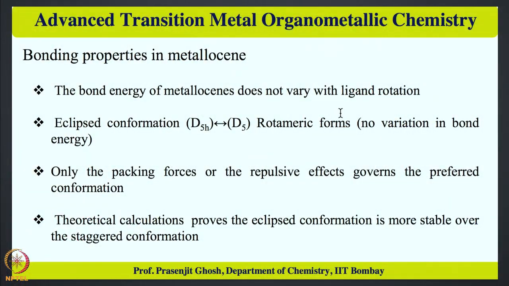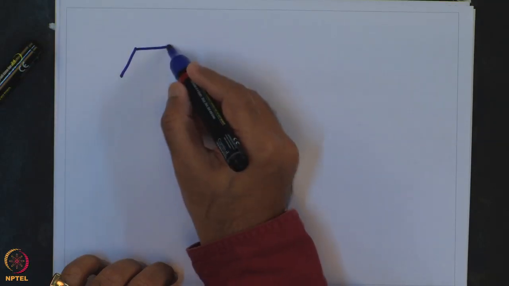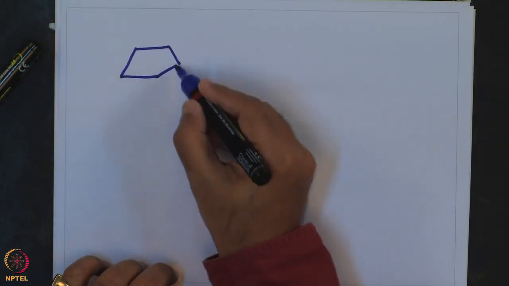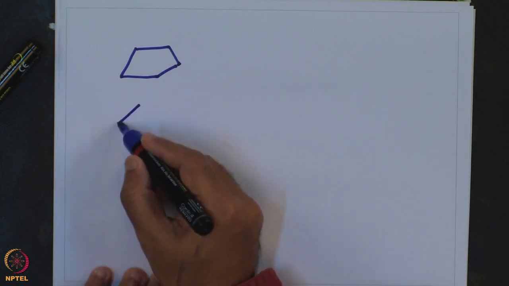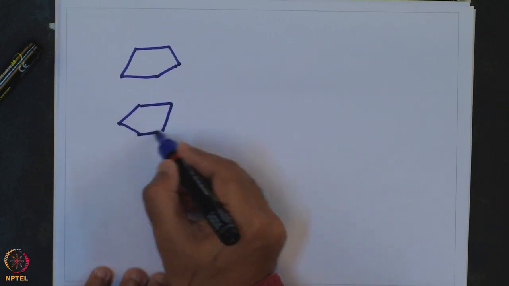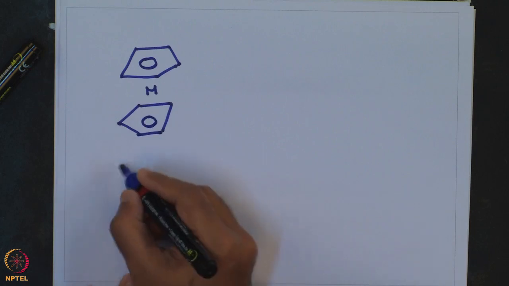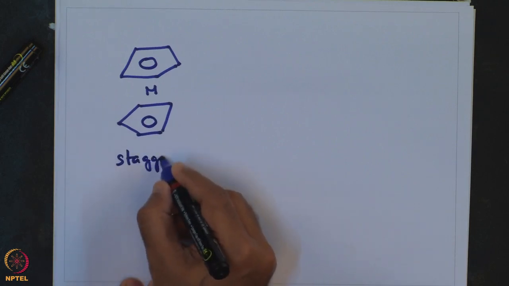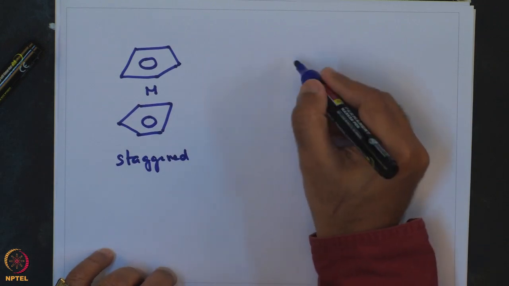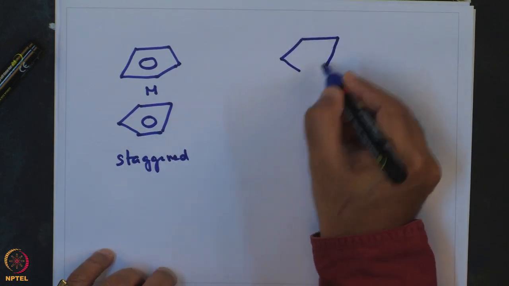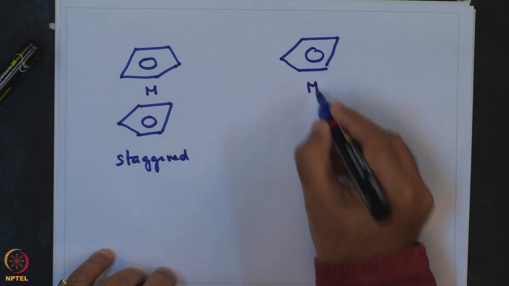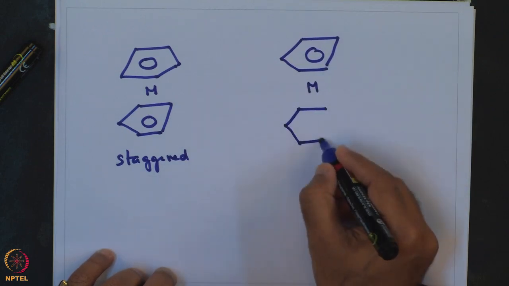Another important aspect is that metallocene complexes can exist in two symmetrical forms. One is the staggered form, and the other one is the eclipsed.